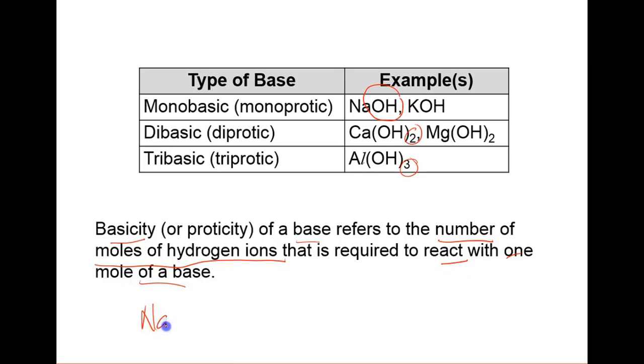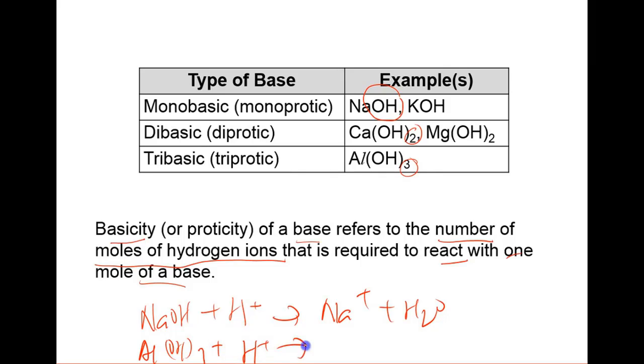So NaOH, you only need 1 mole of H plus to give us the water. But for Al(OH)3, for complete reaction, we need 3 H plus ions to give us 3 moles of water.